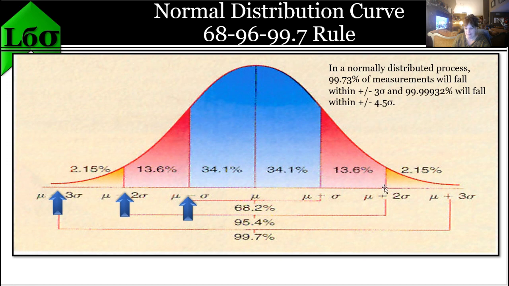And then plus or minus 3 sigma is where 99.7% of your data will fall. Anything that exceeds plus or minus 3 sigma is considered an outlier, and it would be here or here. In that case, your data set is non-normal and you cannot apply the normal distribution curve to your data set. That is when we're going to use non-parametric methods.